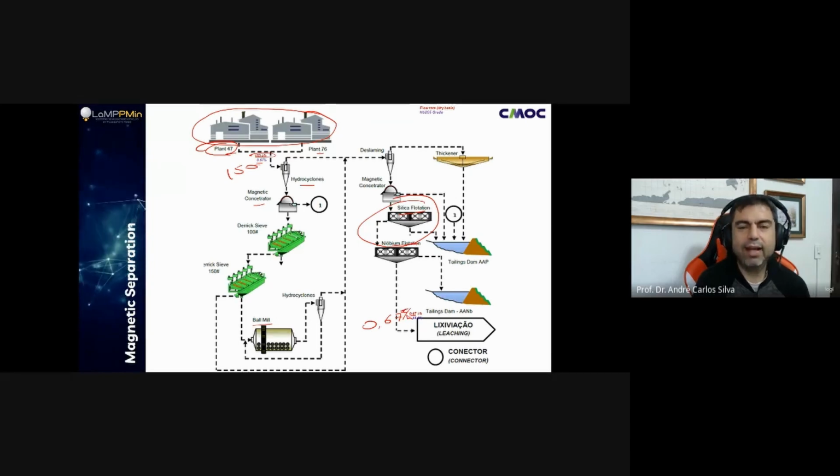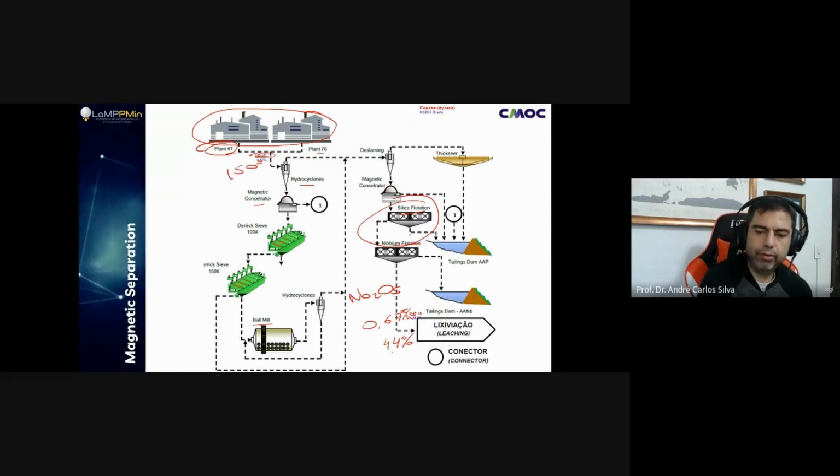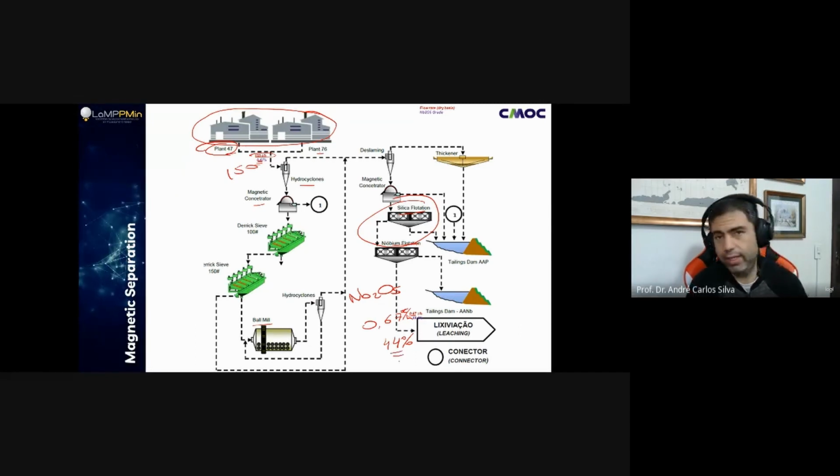That's the amount of material that you're going to take out of this flow. In here we have 0.67% of niobium, and here we have something around 44%. It's quite good. And we're not talking about only niobium, this is actually Nb2O5, niobium pentoxide, and that's why 44% is really high grade.